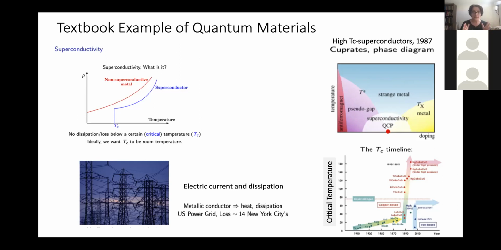But there is a little bit of a problem here. Superconductors were discovered in 1911, but the temperature at which they become superconducting, able to run electricity without any loss to heat, is too low. It's like absolute zero, so we cannot apply them to everyday applications.